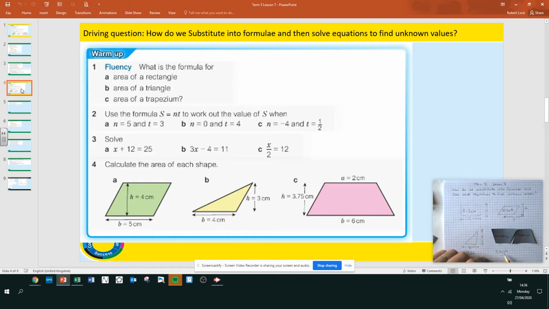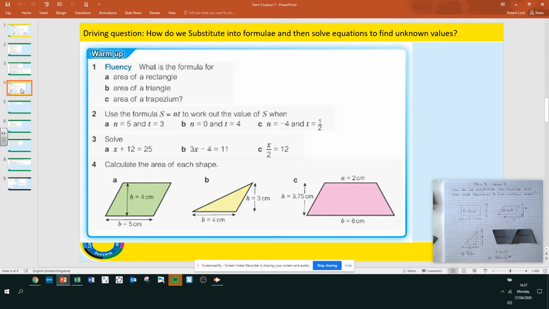Half the base. But the base here is quite long, and the base there is quite short. So what we do is call the top line A and the bottom line B. And we say half, brackets, the length of A plus the length of B, close brackets, times the perpendicular height, or H. So we end up with the area equals half the length of A and B added together.